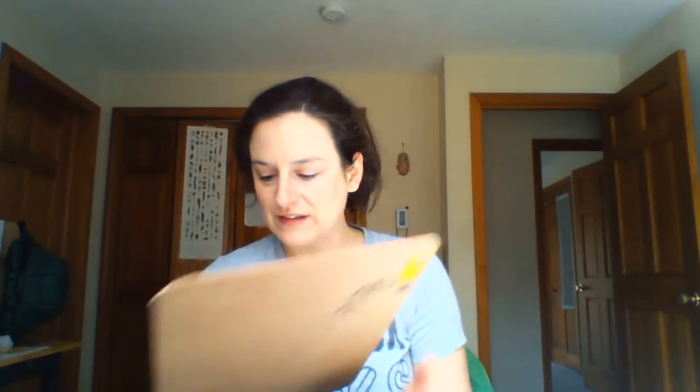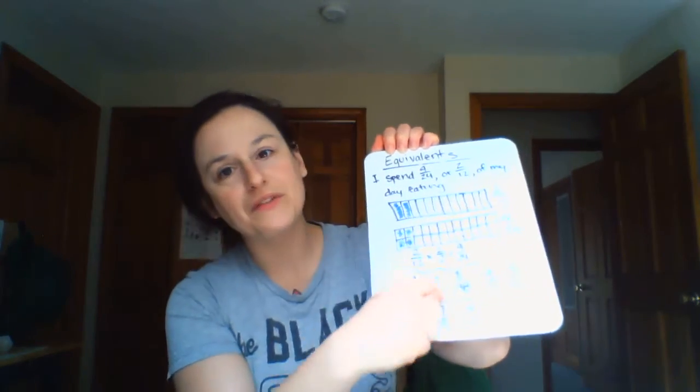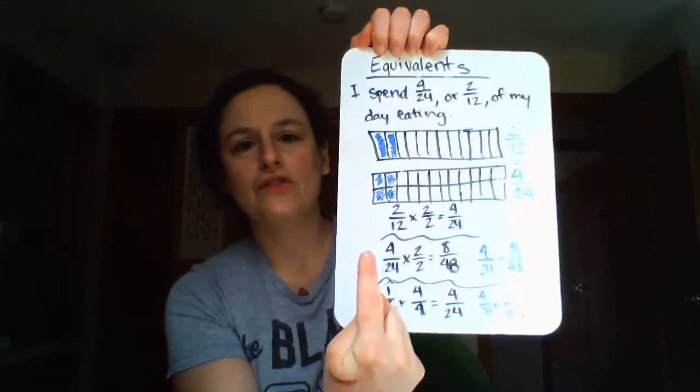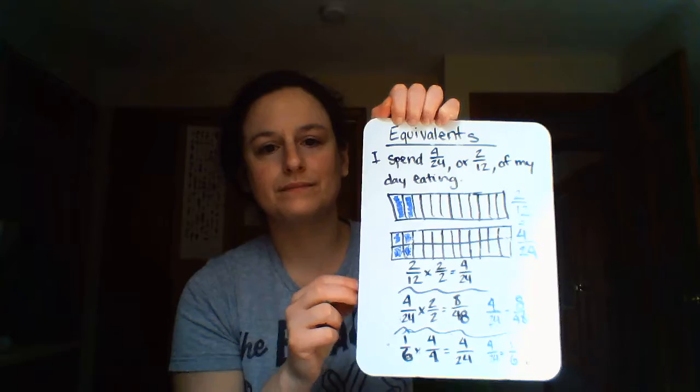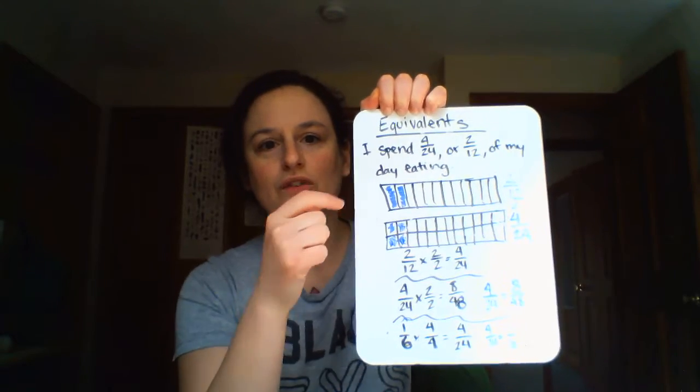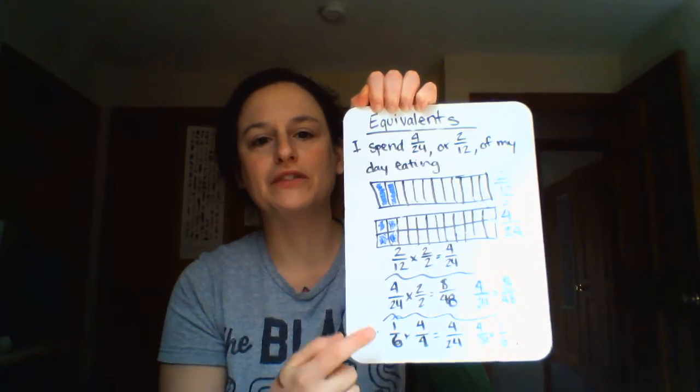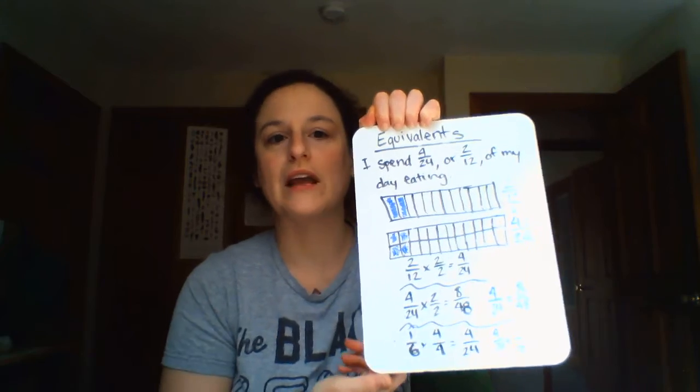And then I generated some equivalent fractions for that. I used area models and multiplication to show my work. And I found that 4/24 was equivalent to 2/12 or 1/6 or 8/48.